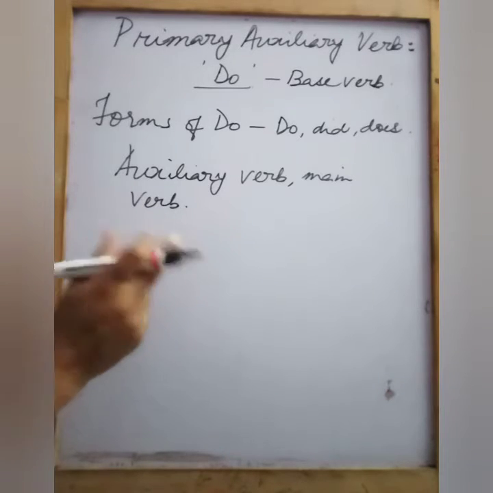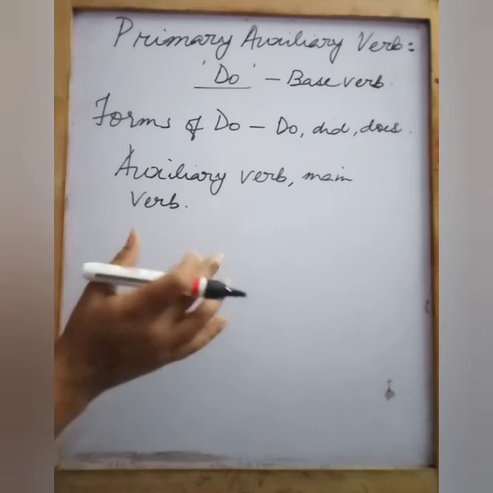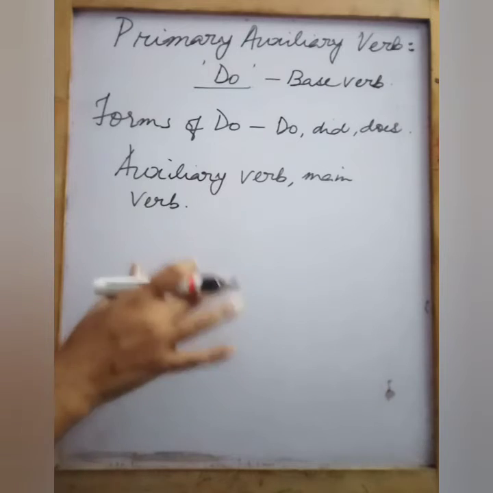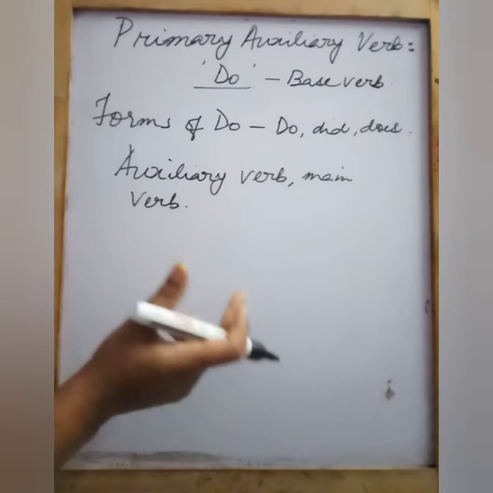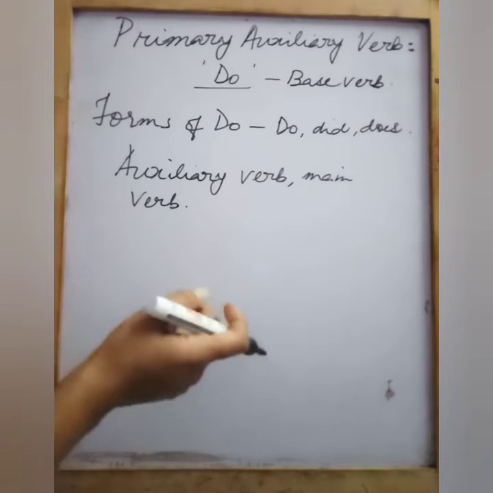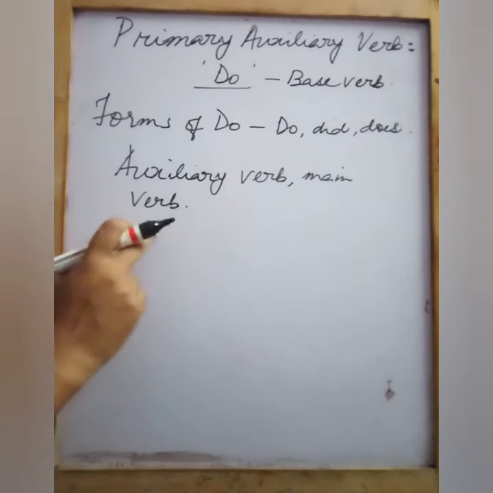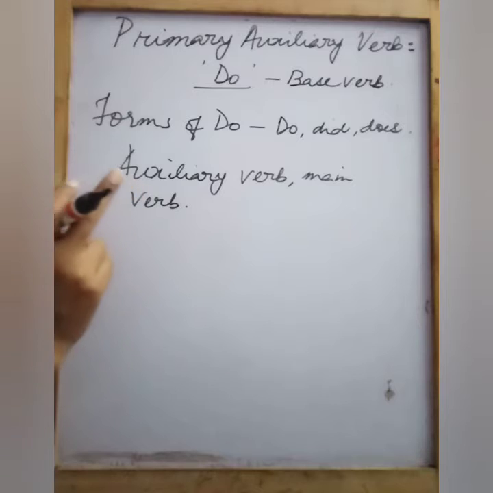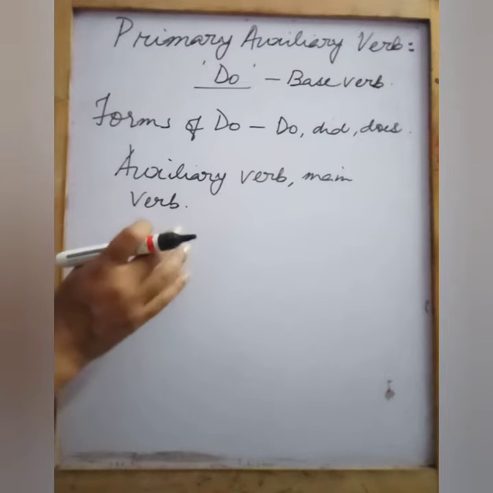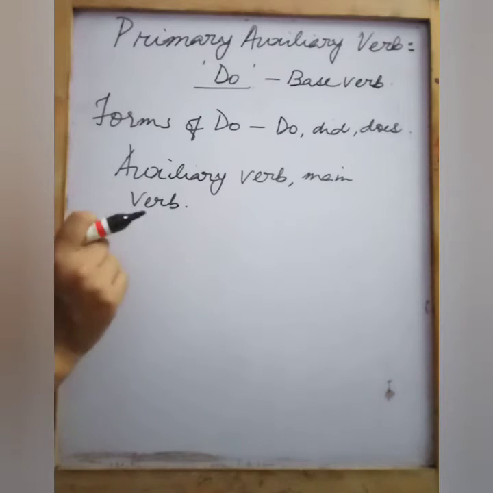Now what is a negative sentence? Sentences which have the word not, isn't it? It denotes a negative meaning. It applies a negative meaning to the sentence. And interrogative, you know very well, interrogative sentences are sentences which are used to ask questions, right? So when we use do as an auxiliary verb, it is used in negative and interrogative sentences, in the simple present and simple past tense.